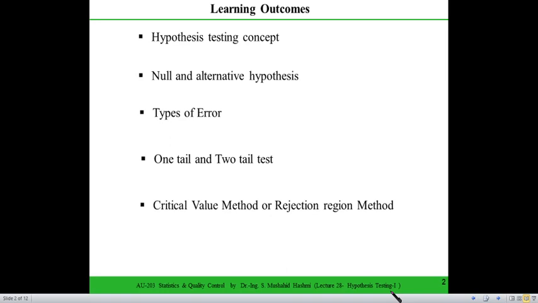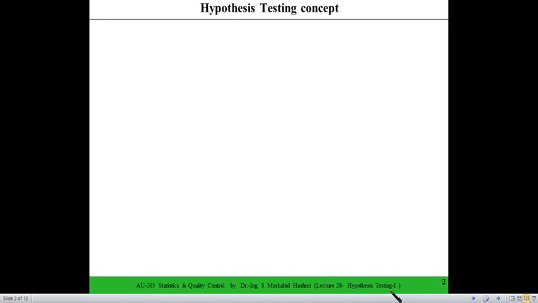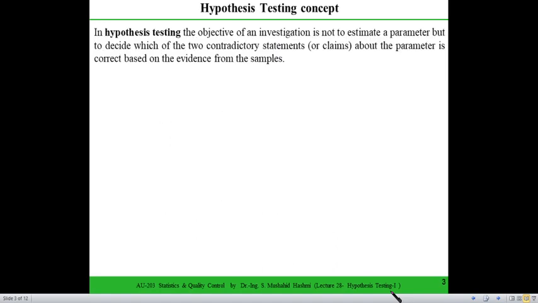And then we will go into one of the methods for hypothesis testing called the critical value method or rejection region method. Okay, so the concept behind hypothesis testing: the purpose is not to find out the unknown parameter of a population, but to make a decision about two contradictory statements or claims about the parameter.